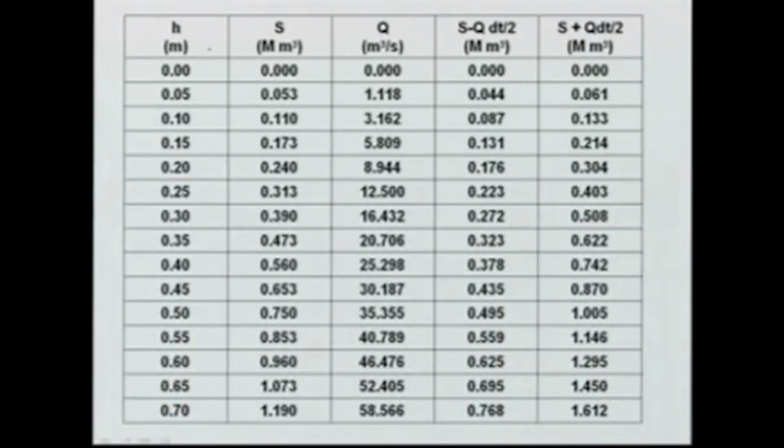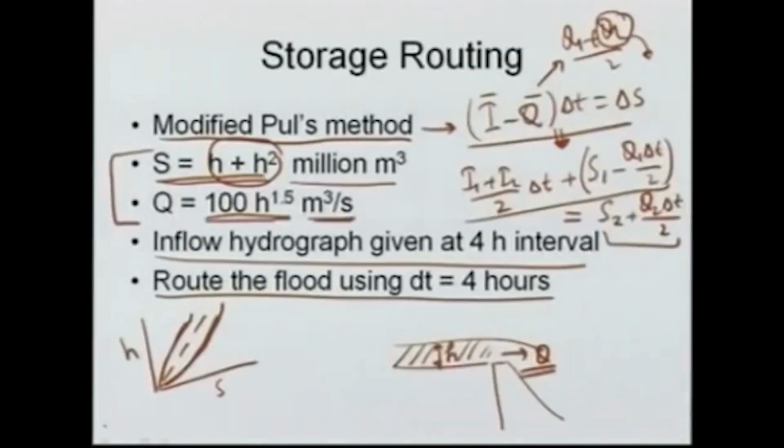So, if we look at this table, we have prepared a curve, or we have obtained data which relate s minus q delta t by 2 and s plus q delta t by 2 with h. If we look at the modified pulse method equation, this is s minus q delta t by 2, s plus q delta t by 2.